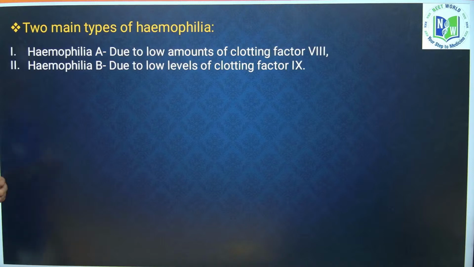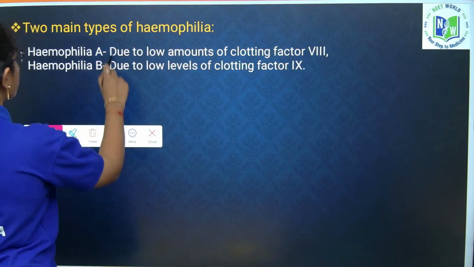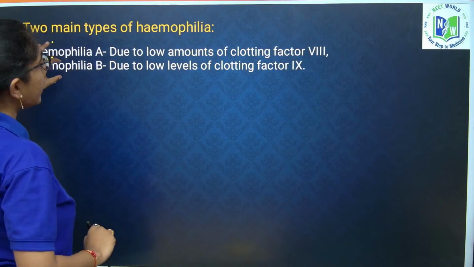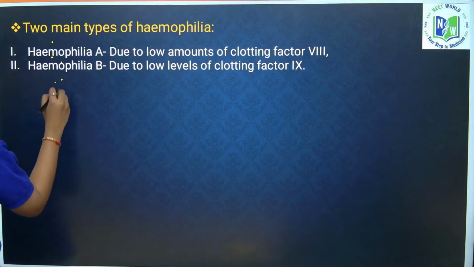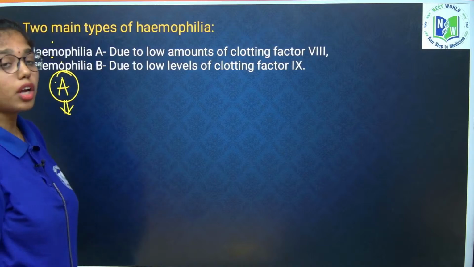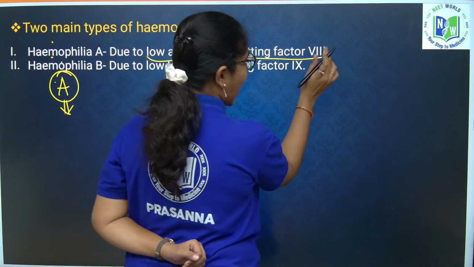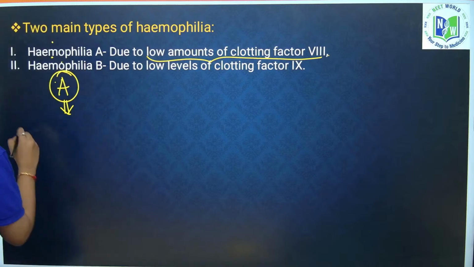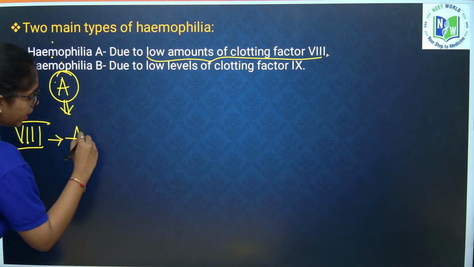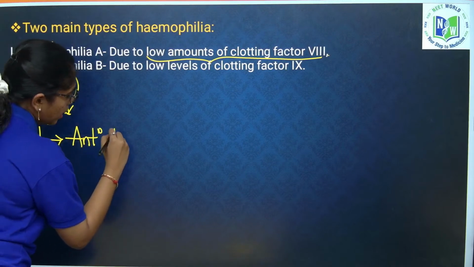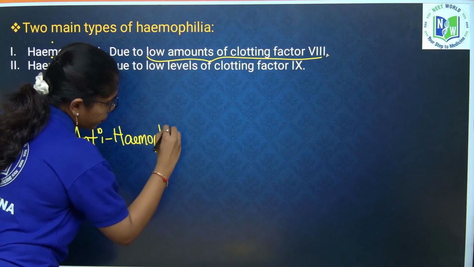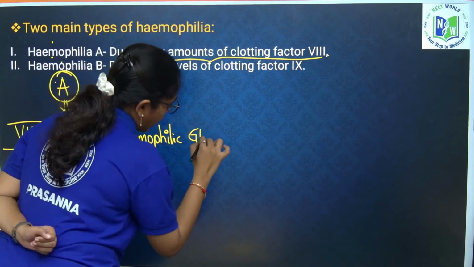Now, hemophilia is also classified into two types based on which clotting factor is mutated: hemophilia A and hemophilia B. Hemophilia A is because of mutation, low amount, or absence of clotting factor 8, which is also called anti-hemophilic globulin protein.